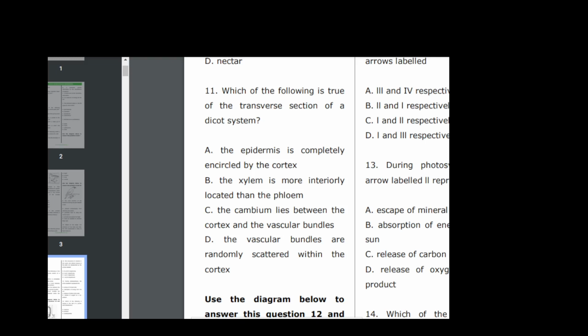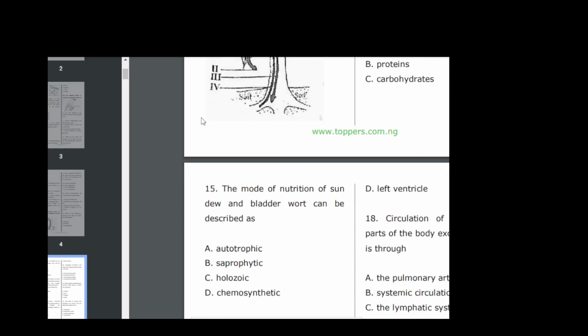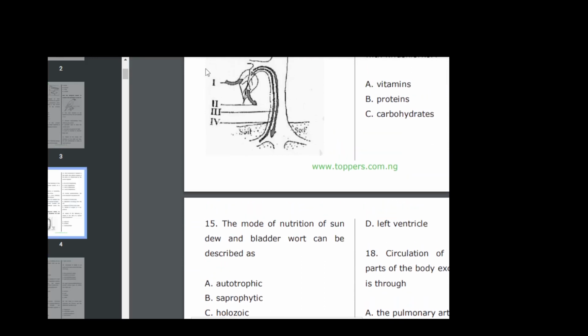So the next question is talking about, like I said, during photosynthesis, the arrow labeled 2. This is arrow labeled 2.